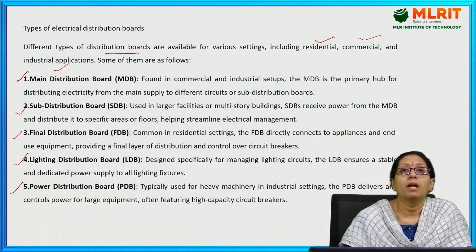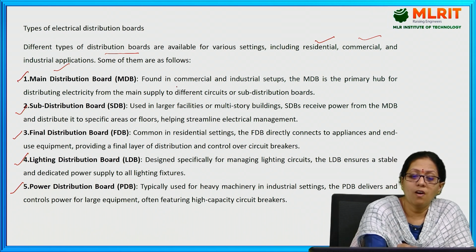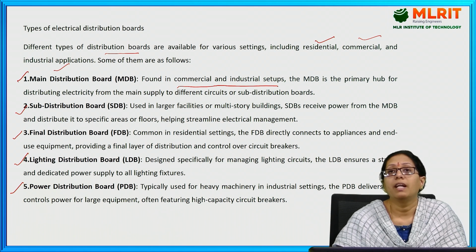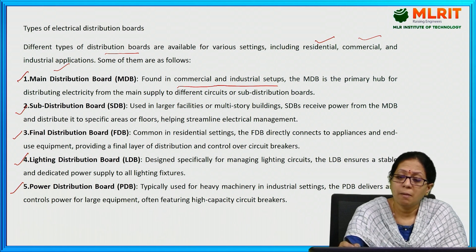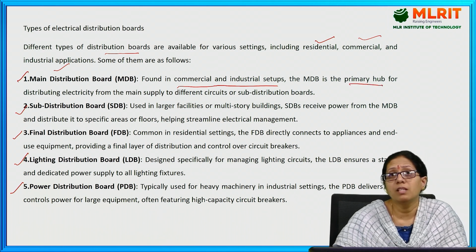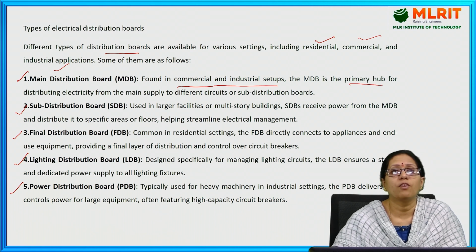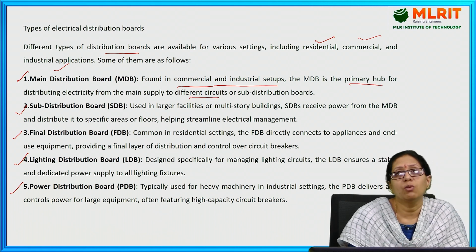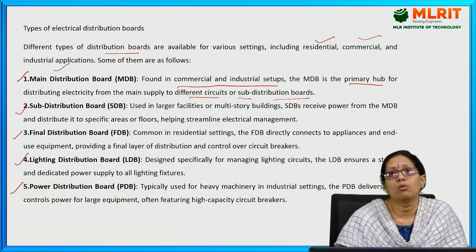The first one, MDB, that is main distribution board. It is mostly used in commercial and industrial setups. The MDB is the primary hub for distributing electricity from the main supply to the different circuits or different sub-distribution boards.